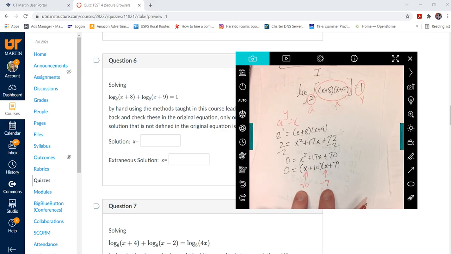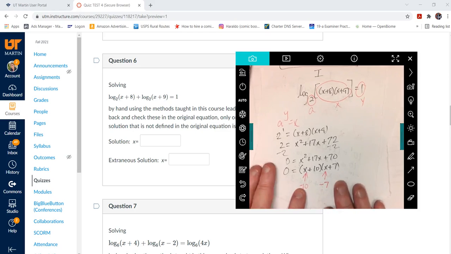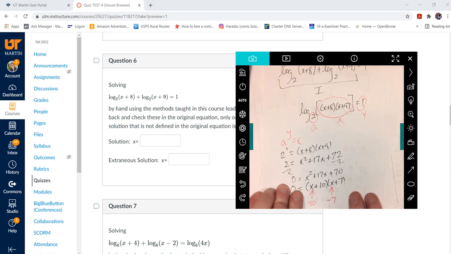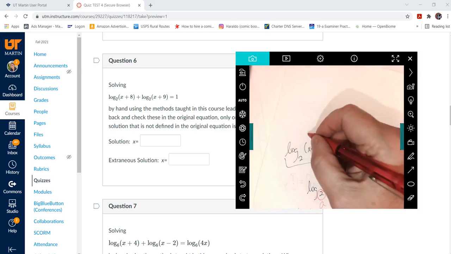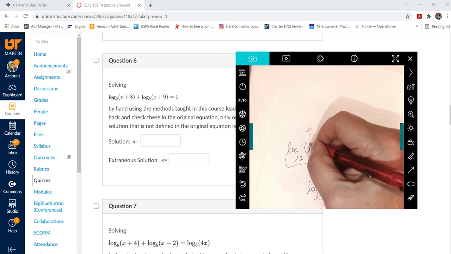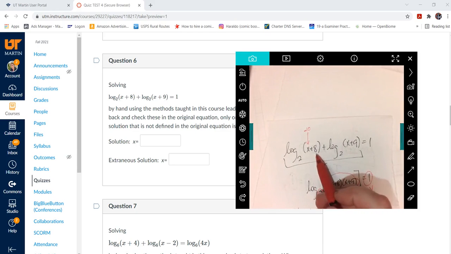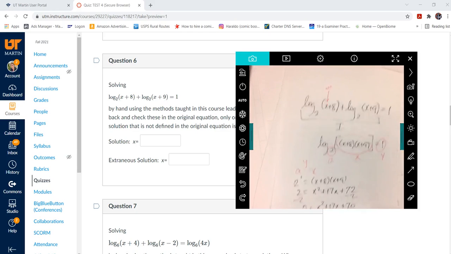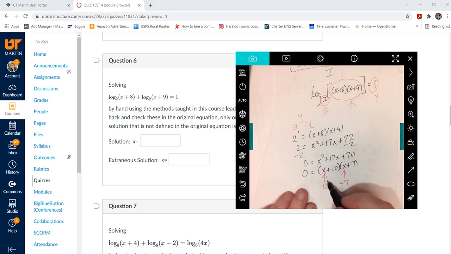Now, I have to go back to the original equation and see if they work. If x is negative 10, then this will become negative 2. And I cannot take the logarithm of something negative. So negative 10 is going to be extraneous.